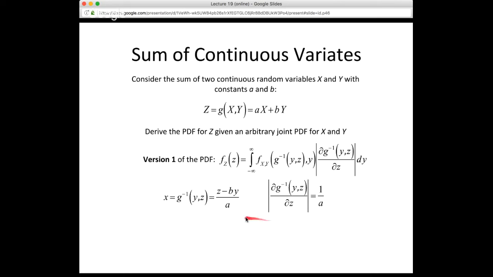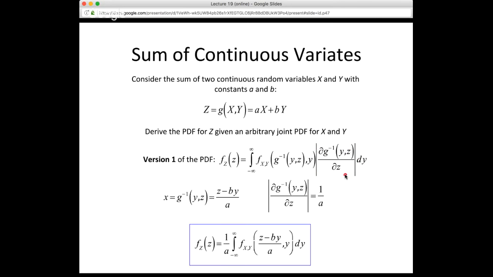So this is the quantity that I need to substitute in for x in my joint PDF, and this quantity, 1 over a, is what I substitute for the derivative of g inverse of y,z with respect to z. And so there you go. For this first version, my derived PDF for z is equal to 1 over a, times the integral from minus infinity to infinity of the joint PDF, where x is replaced with z minus by over a, and we're integrating with respect to y.